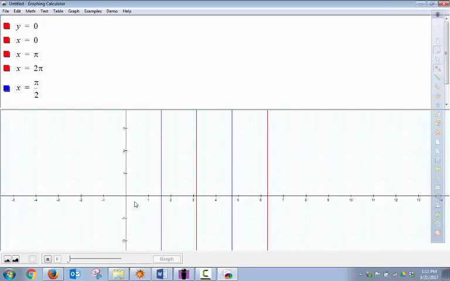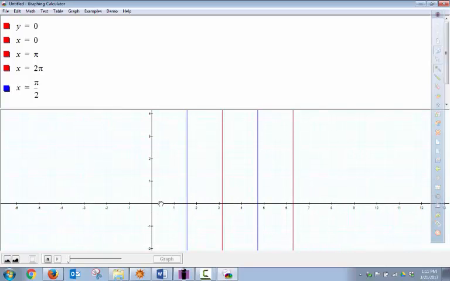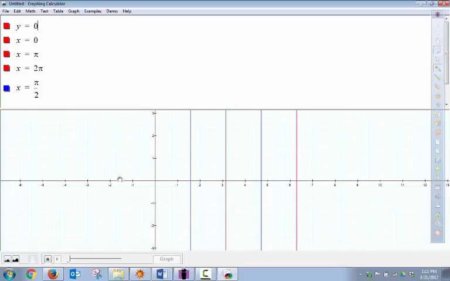Anyways, the idea is that the places where the red and the blue intersect would be the places that I would be interested in. And unfortunately, you can't see when y is equal to 0. That's the x-axis in red. And so that would intersect here and here. So we'll see if we can come up with a better example later.